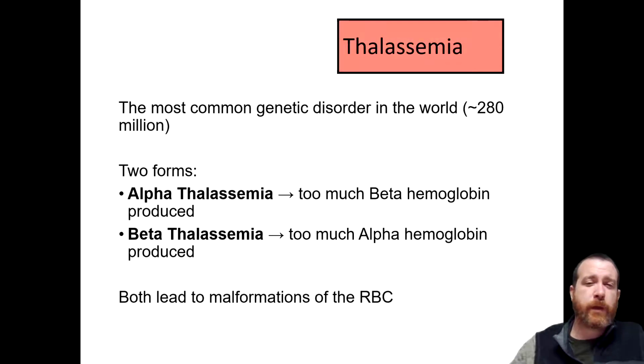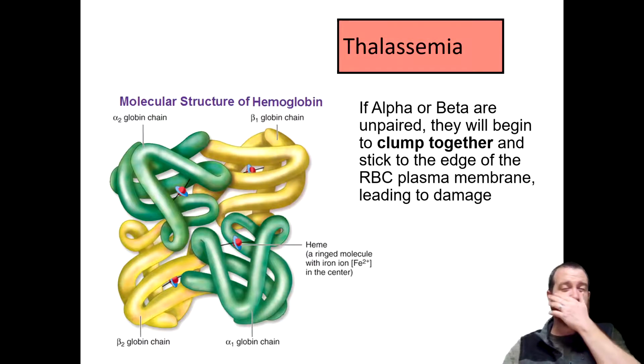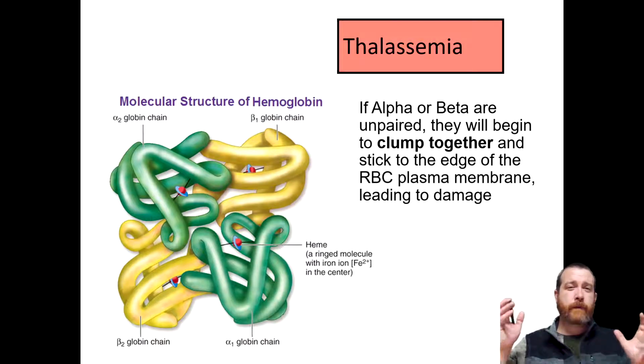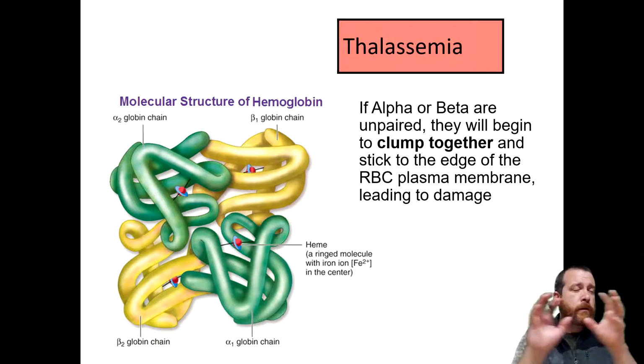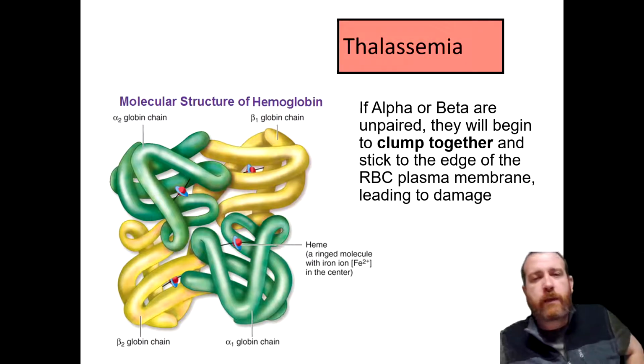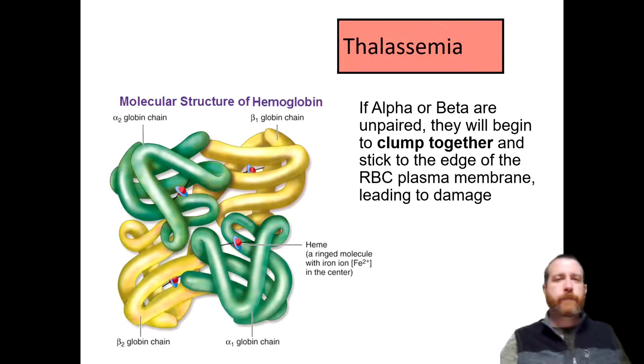Both of these cause problems with hemoglobin, with red blood cells, because if you have an alpha and a beta and an alpha and a beta chain, they're going to form together in this kind of Voltron, multi-part organ that comes together, right? This is how things are supposed to work.